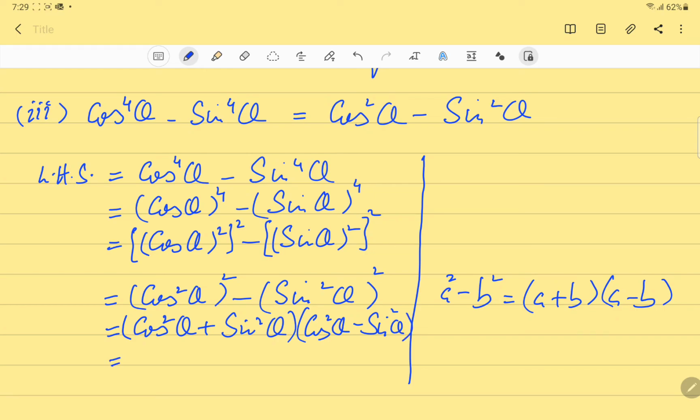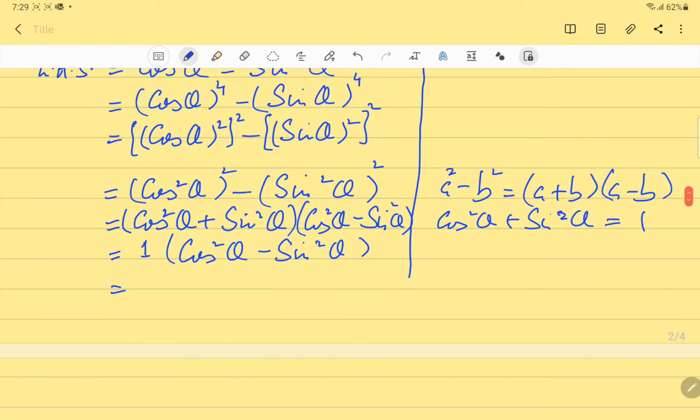Here we can recall the identity cos square theta plus sin square theta is equal to 1. So we can replace this one with 1. So 1 into cos square theta minus sin square theta. 1 multiplied by anything is the same expression, so it will come out to be cos square theta minus sin square theta, which is equal to right hand side, as required.